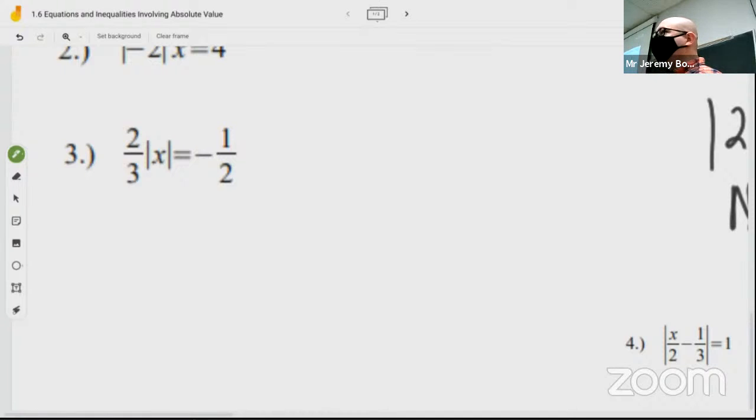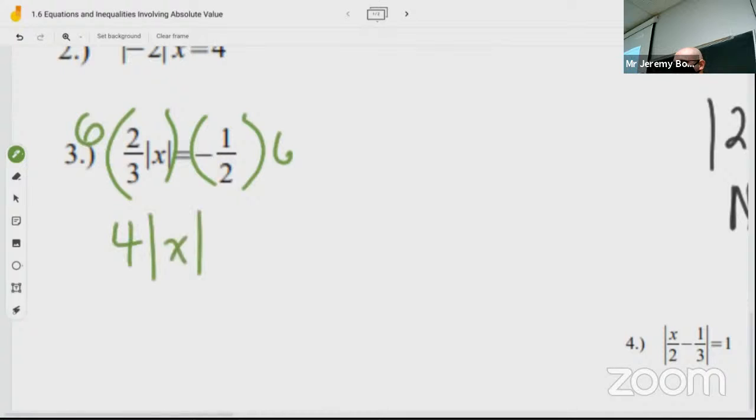Get rid of the fractions. Want to get rid of fractions? Okay, that's good. I didn't even think of that. So what will we do to get rid of fractions? It's a 2 and a 3. It's a 3 and a 2. So when you find the LCM, that's going to be 6. So let's multiply both sides by 6. That'll be what? 4 times the absolute value of x is equal to negative 3. What should we do next?